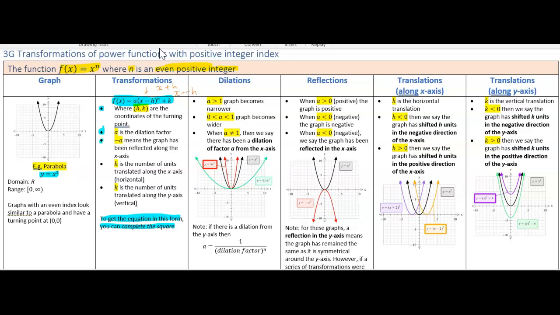Now the third dot point, a can be negative, and that just means there's been a reflection. So we never say that the dilation factor is negative. If there is a negative sign in front of your a, then it's just a reflection. We don't say the dilation factor can be negative, it's just whatever a is.